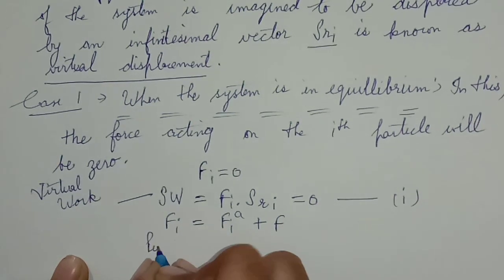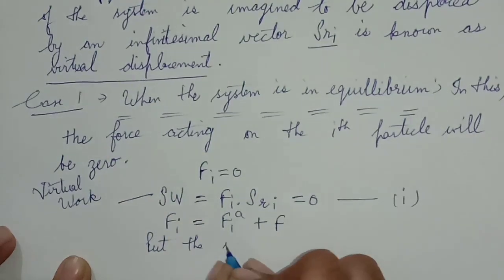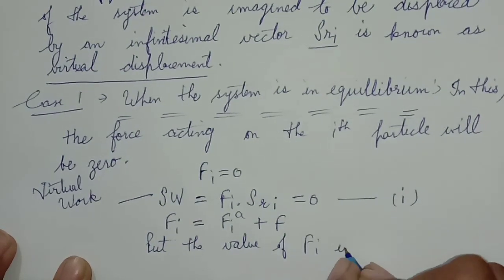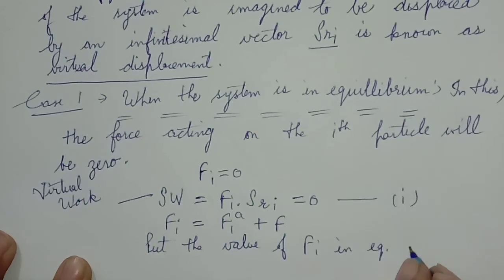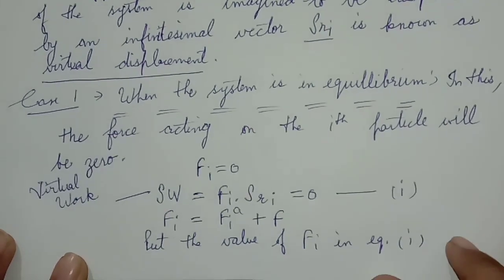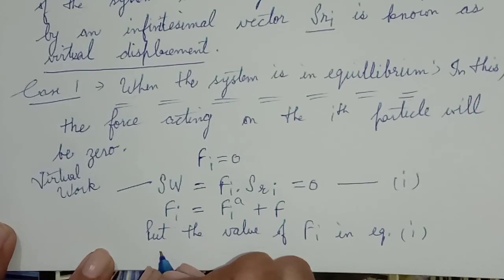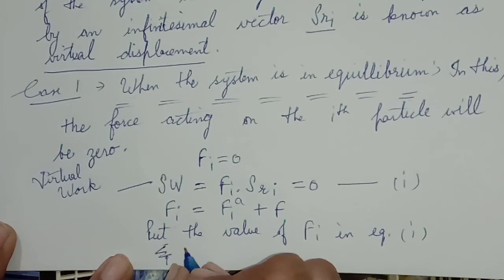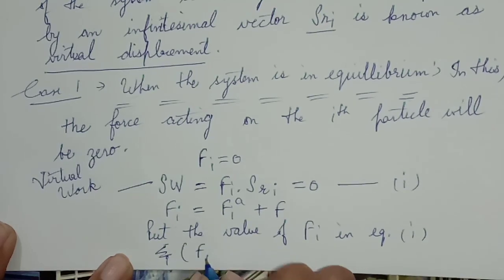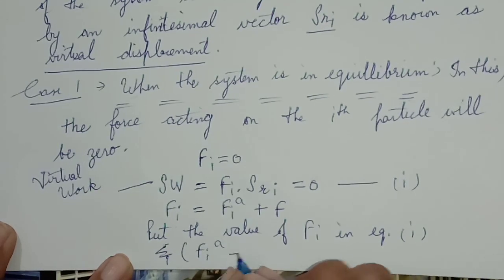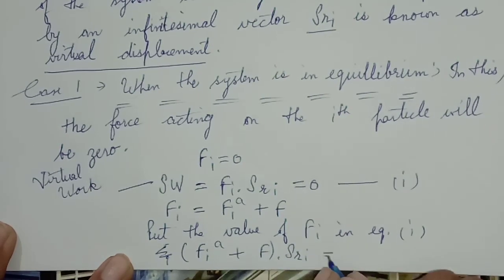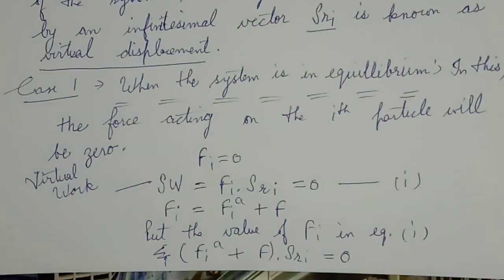So we can write summation i (Fia plus Fi constraint) dot delta Ri equals 0.